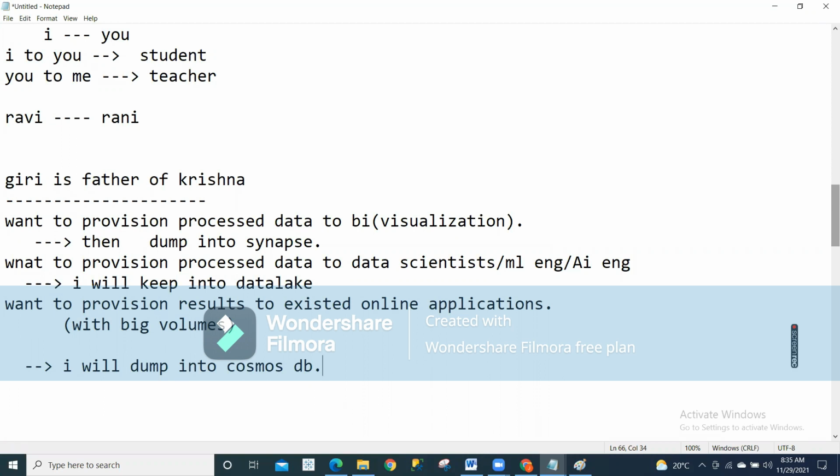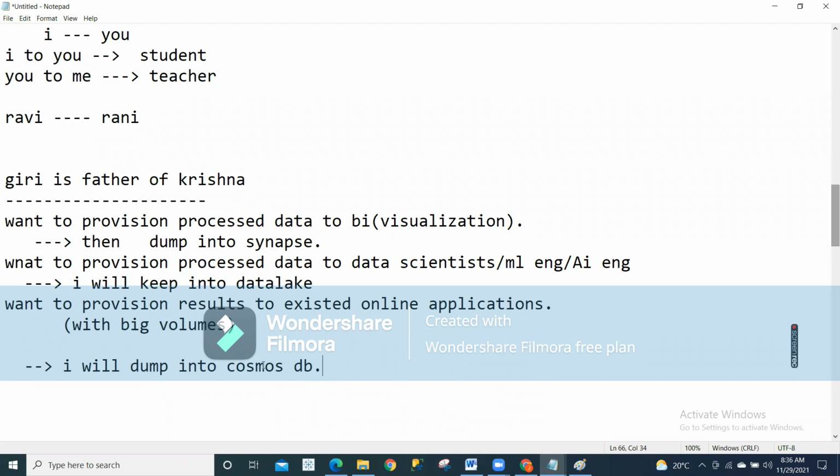Got it? Or else if there is any specific reason, for example my target online application is using only an Oracle database, I will dump into Oracle. First, as an initial shot, I will keep it into Cosmos DB. From that, applications will take from Cosmos and dump into their Oracle. Another application will take from Cosmos and dump into its own database.